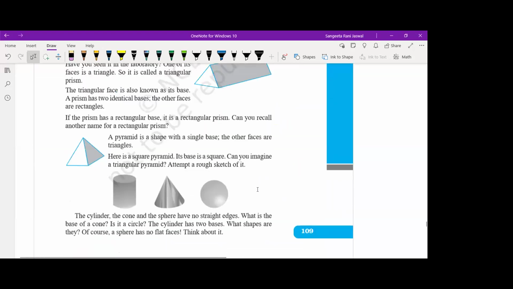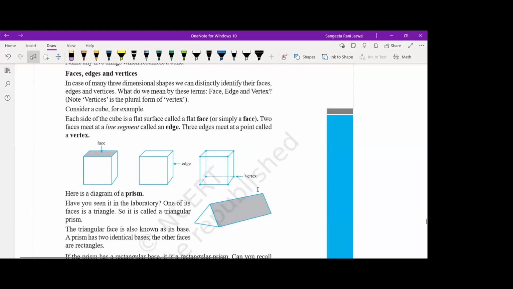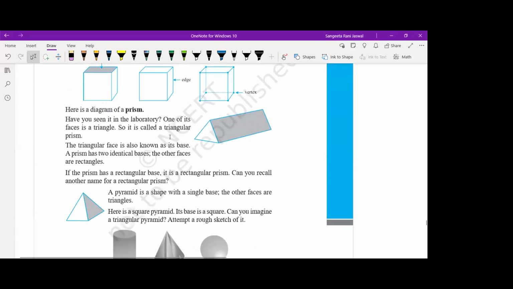So here are some explanations about this. What are faces? What are vertices? What are the edges? Then you have a prism here. A triangular face is also known as its base. The prism has two identical bases. The other faces are rectangular. Now it's saying for a prism, prism has two triangular bases and the rest of the sides are rectangles.